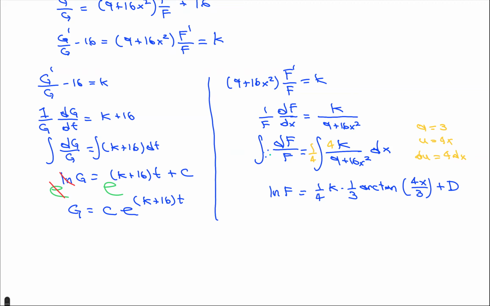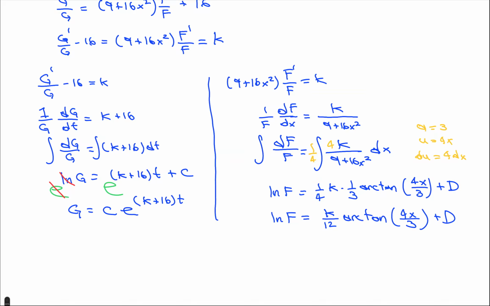All right, simplifying this, that's going to leave us with ln of f equals k over 12 arctan of 4x over 3 plus d.